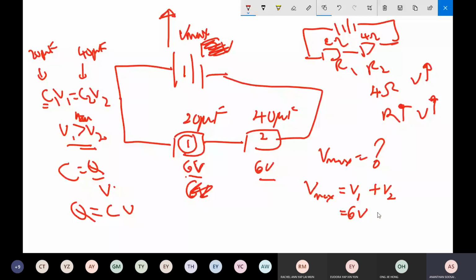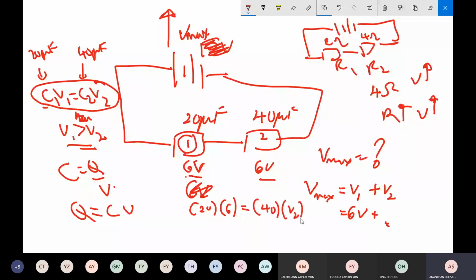To find the V max, you need to find the V2. When V1 is 6 volt, V2 will be how much? By using this formula, C1 is 20 microfarad times 6 volt, which equals 40 microfarad times the new V2.